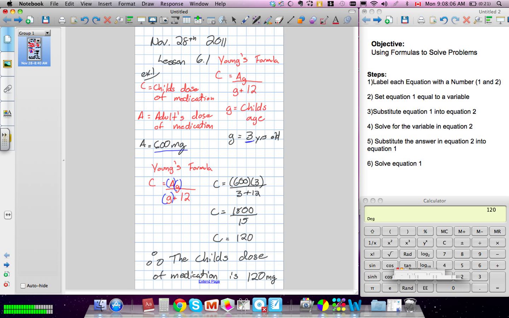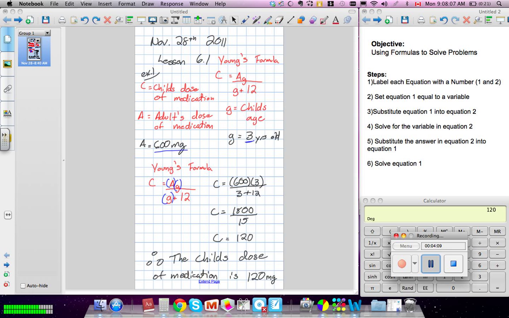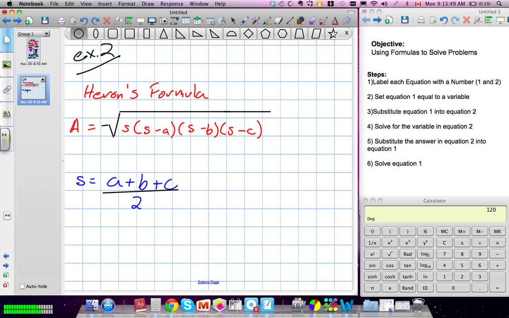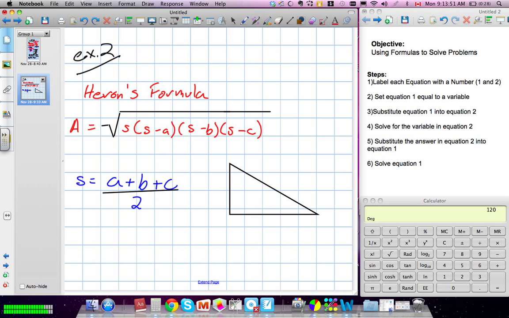Example number 2. It says that a landscaper wants to estimate the cost of fertilizing a triangular lawn. So let's start off by putting some kind of diagram out here. We have a triangular lawn, and it says the side lengths are 150 meters, 200 meters, and 300 meters.